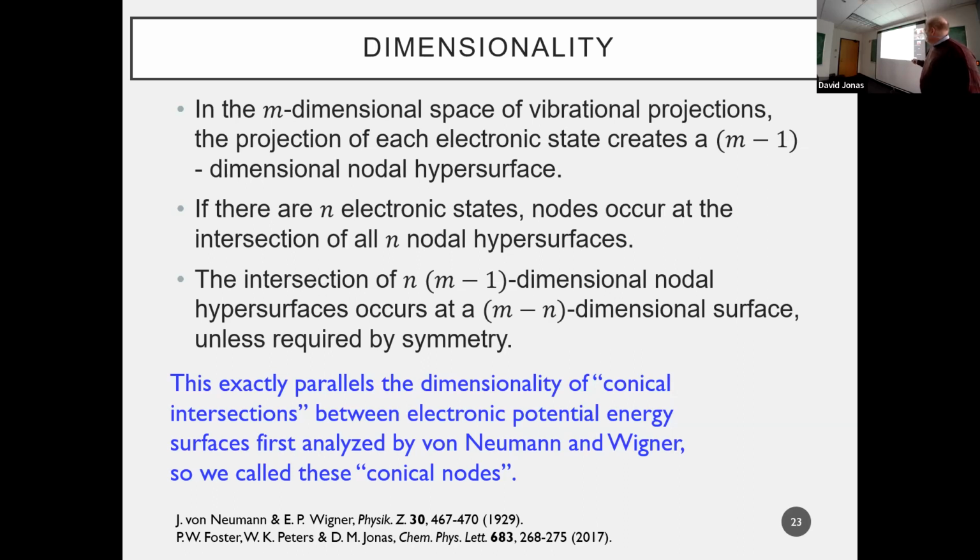This exactly parallels the dimensionality of conical intersections between electronic potential energy surfaces that was first analyzed by von Neumann and Wigner in 1929. And so we called these conical nodes because of that, right?